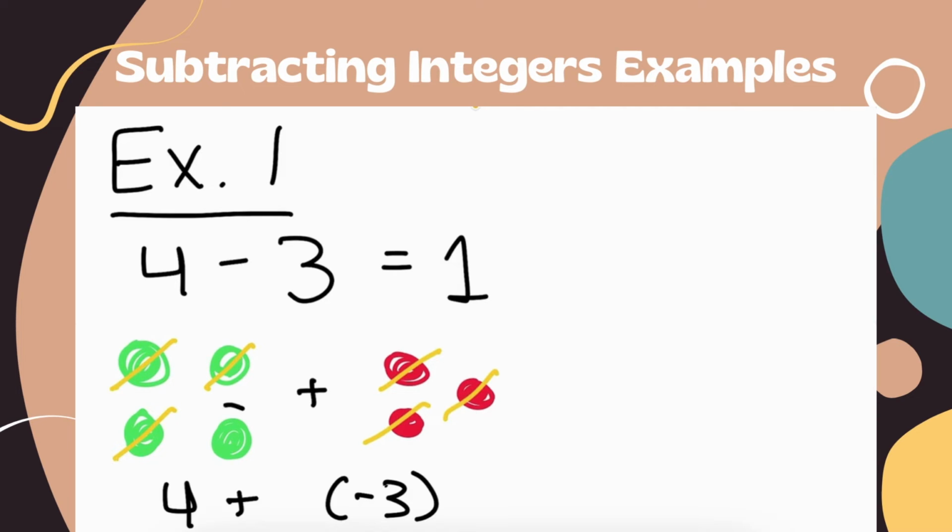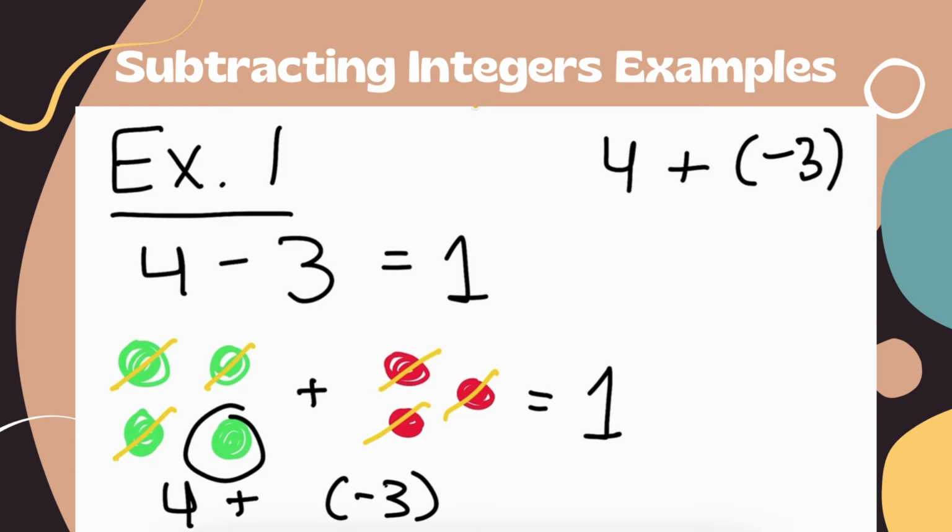I'm left with one green circle, which means 4 plus negative 3 is 1. And that's positive 1. It's understood to be positive, so we don't need to put the plus sign in front. And this idea of the positive pairing with the negative can be really helpful, I think, when you're simplifying problems.